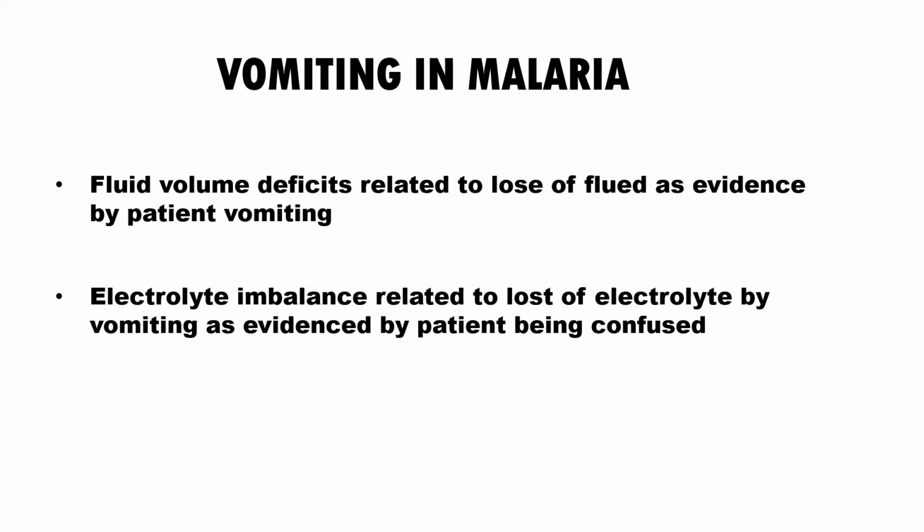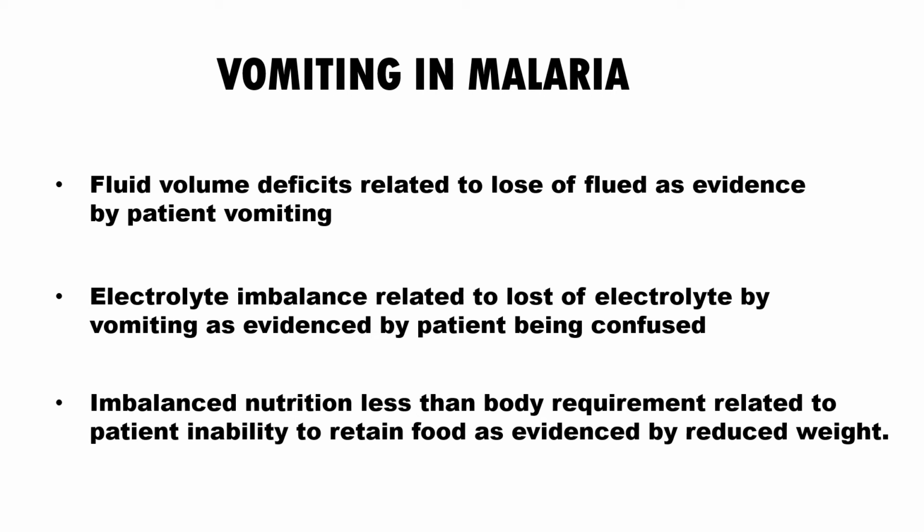We have electrolyte imbalance related to loss of electrolyte by vomiting as evidenced by patients being confused. So the electrolytes that are lost through vomiting are potassium and sodium. That is mostly. If patient has this, you need to replace them because it can kill very fast.